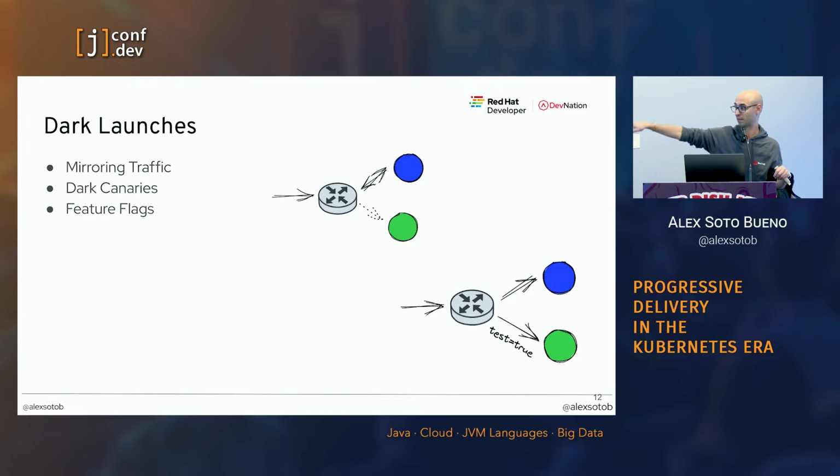So instead of saying test equal true, what we're saying is that if your user ends with facebook.com, then you are a Facebook employee, so let's test the new one. If not, the rest of the mortals go to the old version. So the employees of Facebook help to improve Facebook itself, okay?